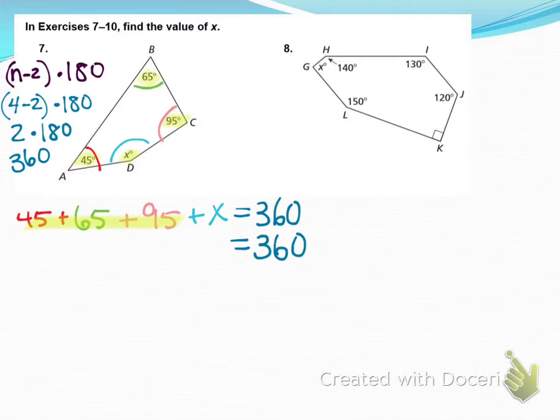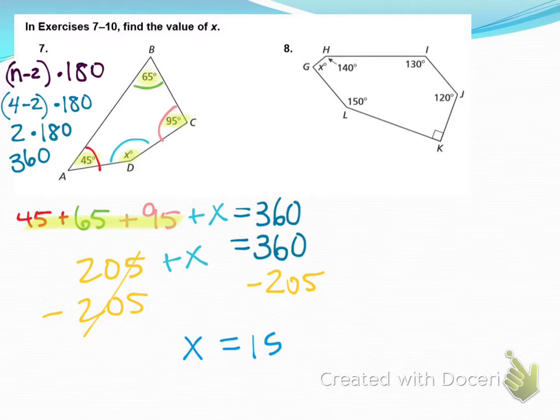What's 45 plus 65 plus 95? 205 plus x equals 360. Subtract the 205. What is 360 minus 205? 55. Are there any questions on this one?